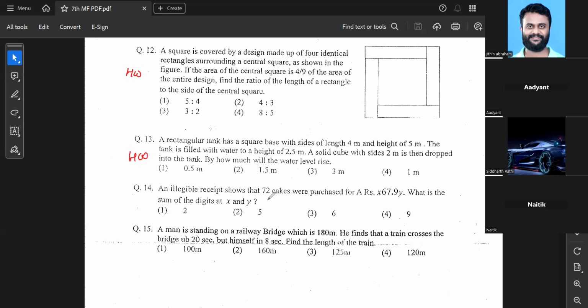An illegible receipt shows that 72 cakes were purchased for a rupees X 67.9 Y. What is the sum of digits X and Y? So you have to divide this by 72 and the remainder should be 0.